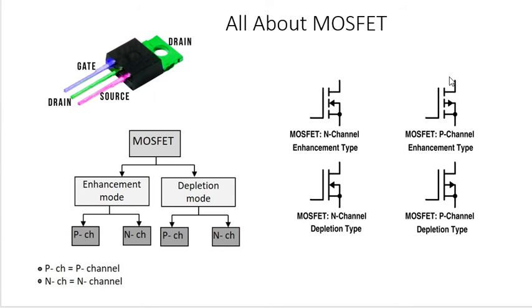Now the other and major reason why we use n-channel MOSFET in power electronics more than a p-channel is that in n-channel you can construct a high capacity MOSFET in smaller area compared to p-channel. This is because of the mobility of electrons.